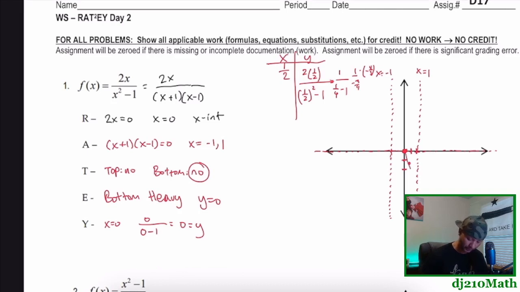So it's going to go down towards this asymptote, and then because of symmetry, it's going to come up.